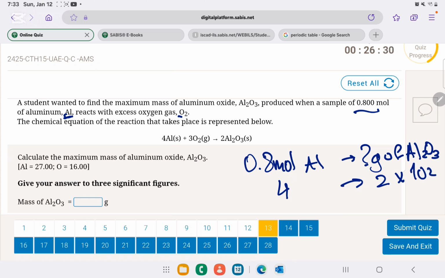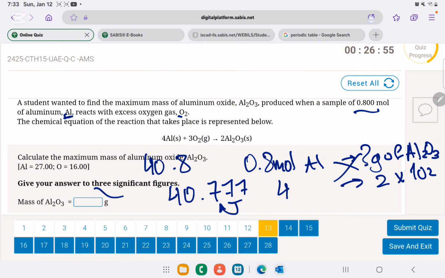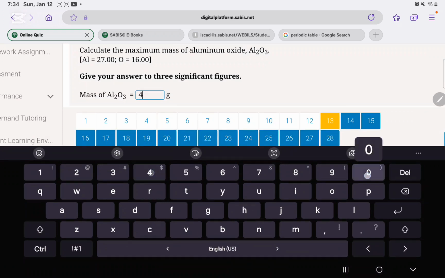That's the molar mass of Al2O3. So now we're gonna cross multiply, and when we do that, we're gonna get 40.777, I think, right? And then you're gonna round, so it's gonna be 40.8 because they want 3 significant figures. So 40.8.